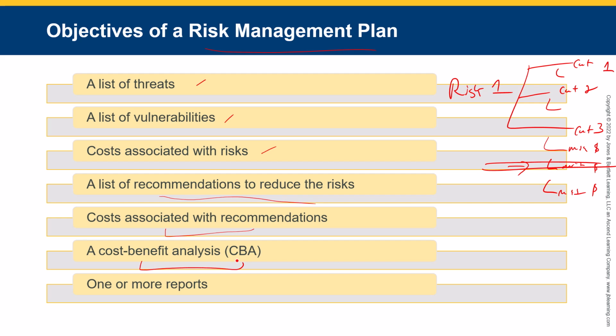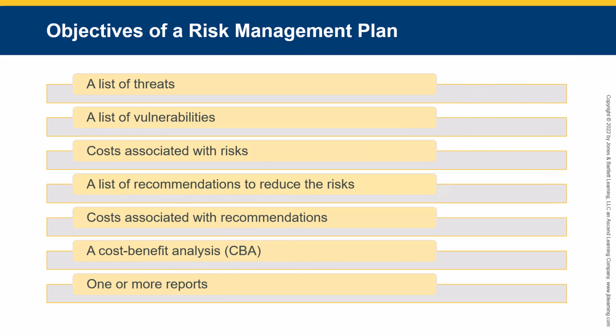The interesting thing here is if you list your risk mitigation costs and you have more than a single recommendation, you can weigh them. Hey, we're doing this option because of this cost. Here are other avenues, but this is the cost associated with them. Thus, we're doing this because of that. And then the appropriate reports that you need for your organization.